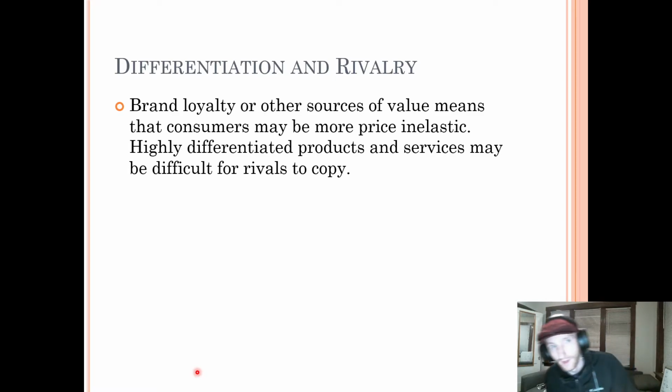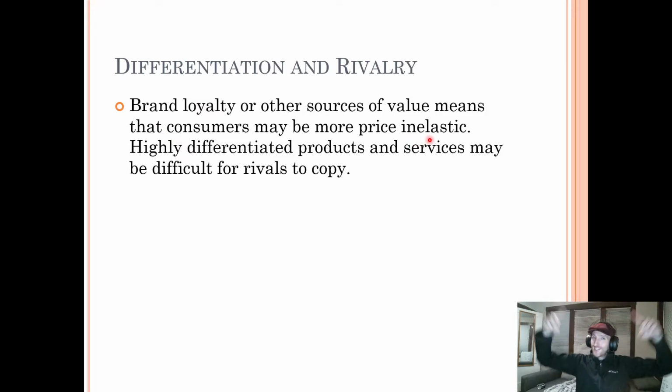So we'll go through the 5 forces again and how a differentiation strategy stacks up or tries to overcome unfavorable forces. So we'll start with rivalry. Brand loyalty, other sources of value, means that consumers might be more price inelastic. All right.